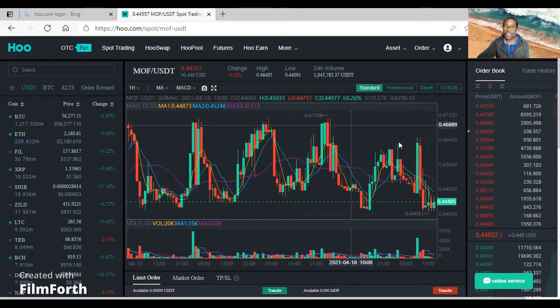You just need to know that when the price is low, it is the best time to buy, and when it is climbing up, reaching this zone, going up, then it is the time to sell. That's it.